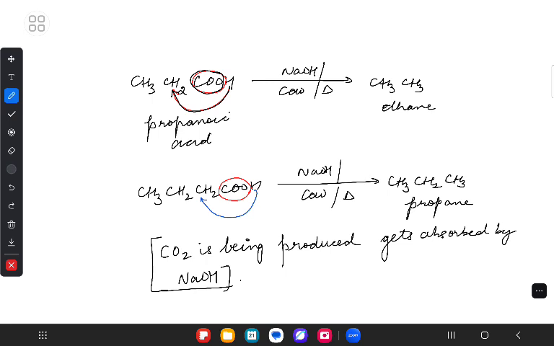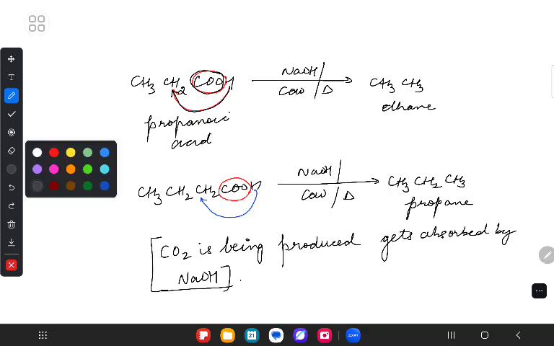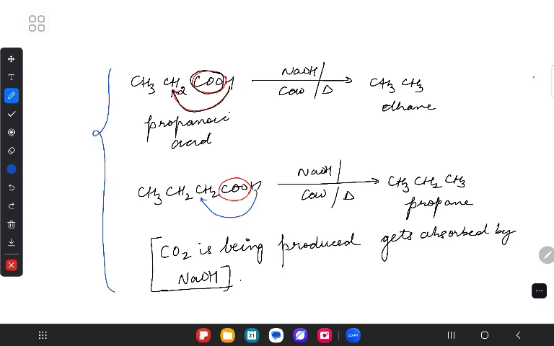That's the part. The CO2 being produced gets absorbed by NaOH. So that's the idea we have. Got it?